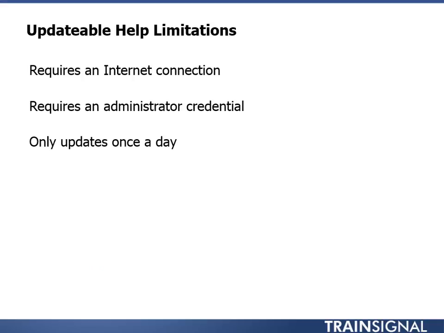Now, you can get around that. You can use -force, but by default, when you run update help, PowerShell will make a note about when you ran that. So if you go to run it again, you really won't get anything unless you use -force. Obviously, the help content doesn't change that frequently, so running it more than once a day, unless you're trying to troubleshoot a problem or something, really shouldn't be necessary.